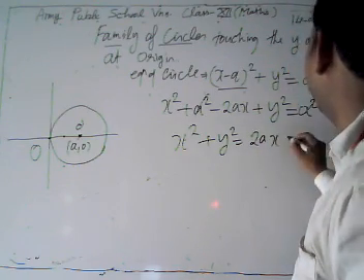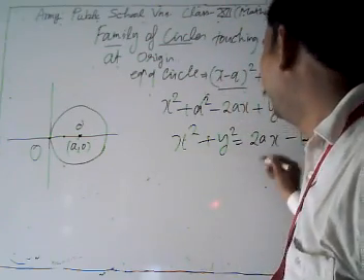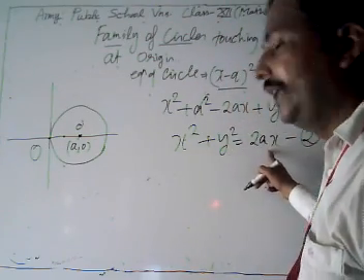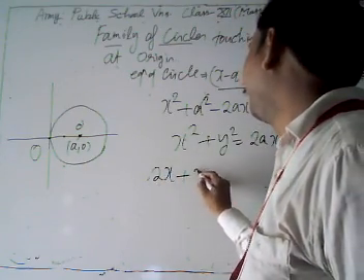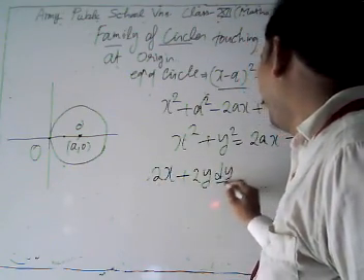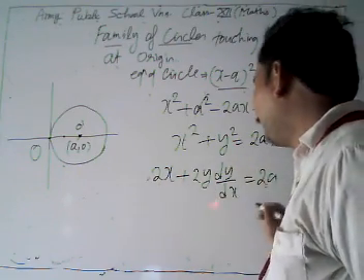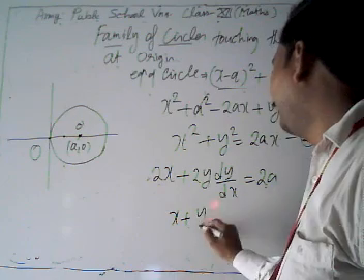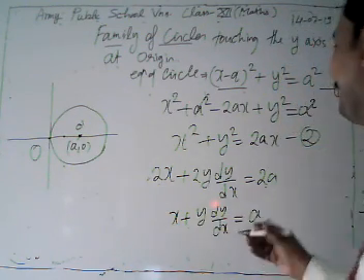Take this as equation number 2, and now differentiate it. Since it's only one parameter a, we differentiate one time. Then we have 2x plus 2y dy/dx is equal to 2a. Cancel out 2. Then we have x plus y dy/dx equal to a.